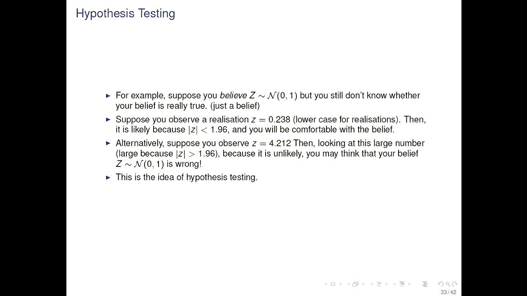But now we know that this mu naught, this value, is our hypothesis. We don't know whether this is really true or not. And actually, the reason why we construct this ratio is because using this statistical result, we want to test whether this hypothesis is right or not.